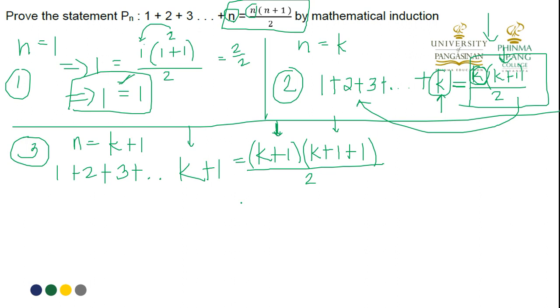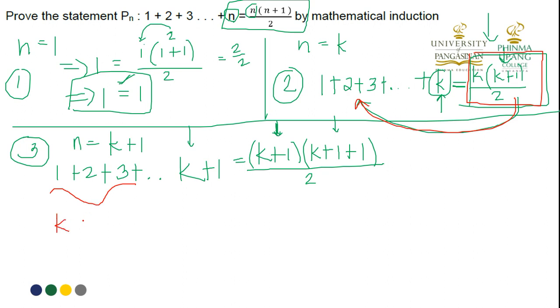Nasundan ba yan? Okay, next. Sabi ko sa inyo kanina, yung nakabox diyan, yung binox kong naka-red, is equivalent to 1 plus 2 plus 3 always. Palaging equivalent niya. Ibig sabihin, pwede nating i-copy yun, okay?